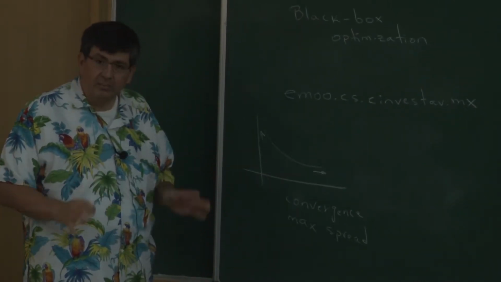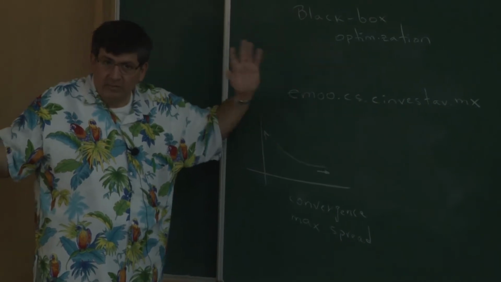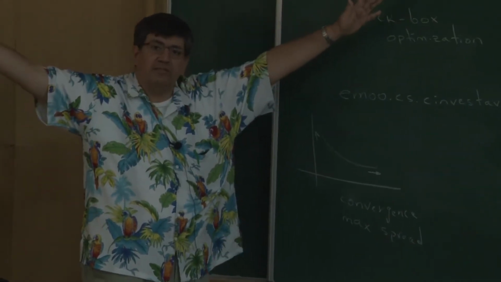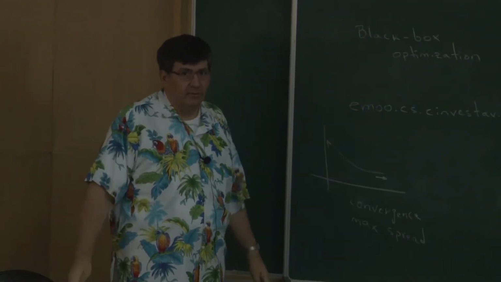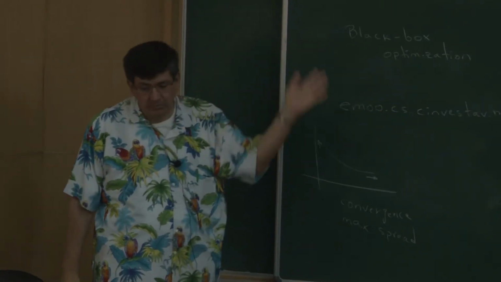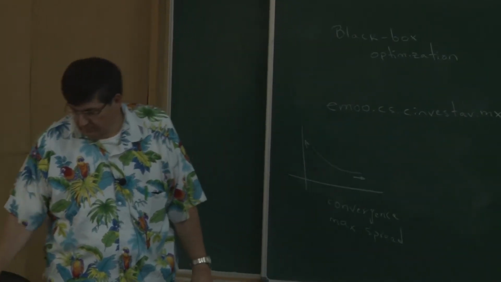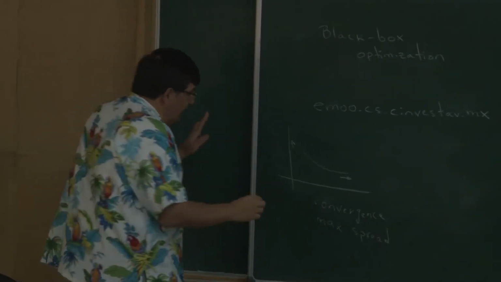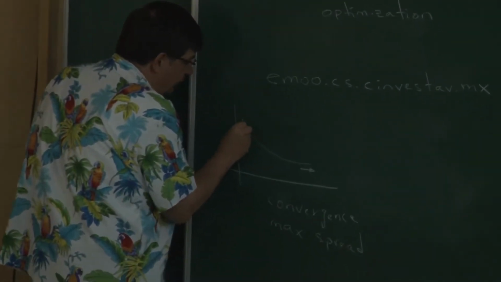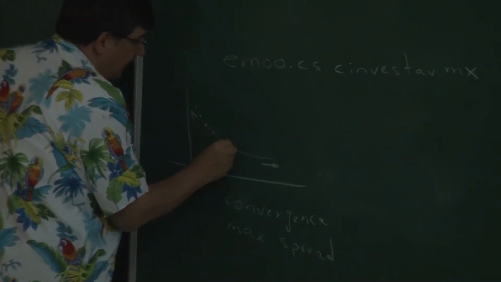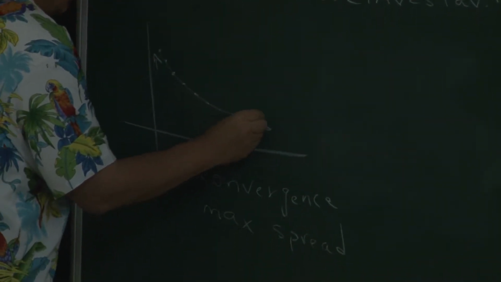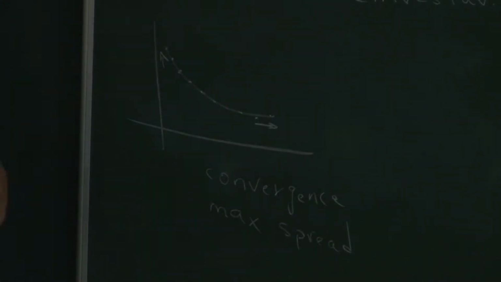Maximum spread only means I was able to reach as far as possible towards the extremes of the Pareto front. And this applies in any number of dimensions. Okay? It's very different to say that my solutions have a uniform distribution. Uniform means they are equidistant in the Pareto front.